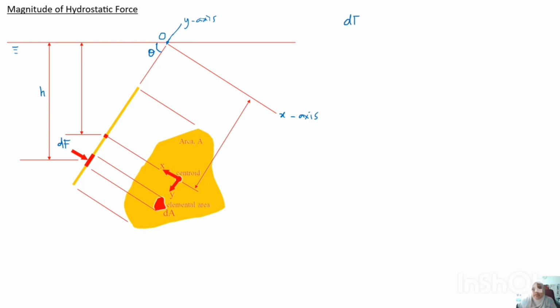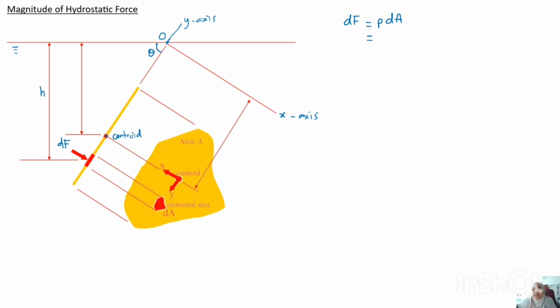So dF is pressure times area. Why do we need to use a differential equation? Because the pressure is not distributed equally. And let's say this is the centroid of the plane surface.